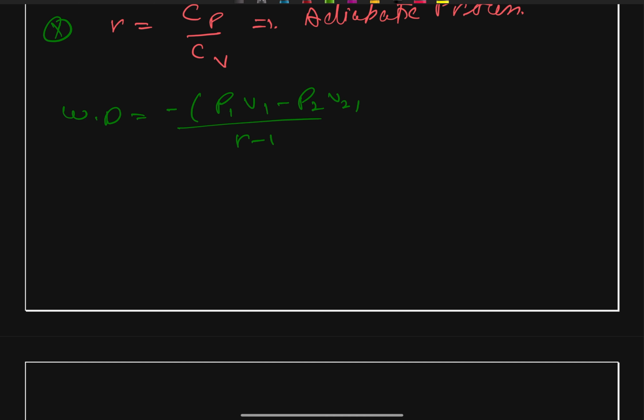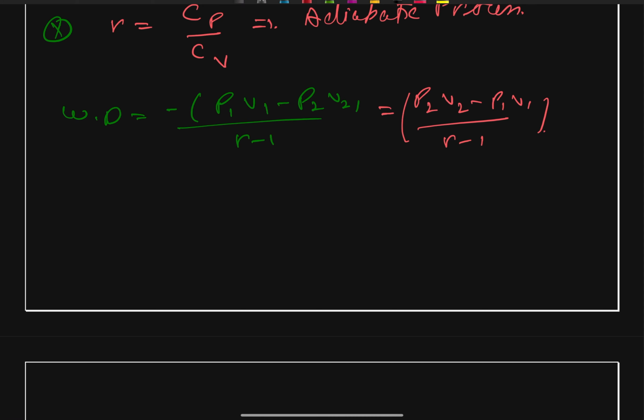Okay, so we can just modify this equation and we can write this as P2 V2 minus P1 V1 upon gamma minus 1.